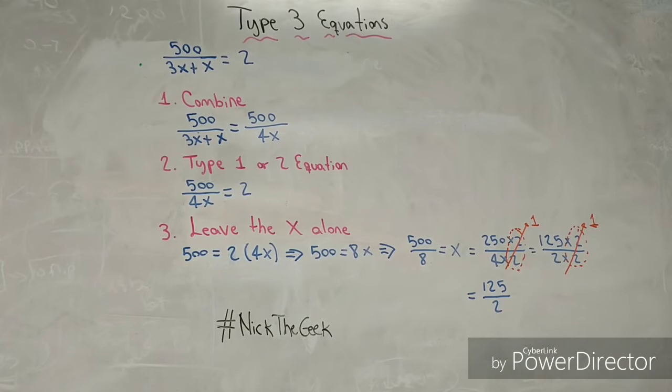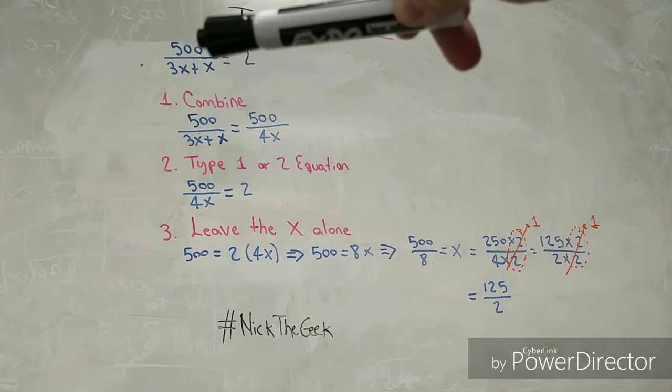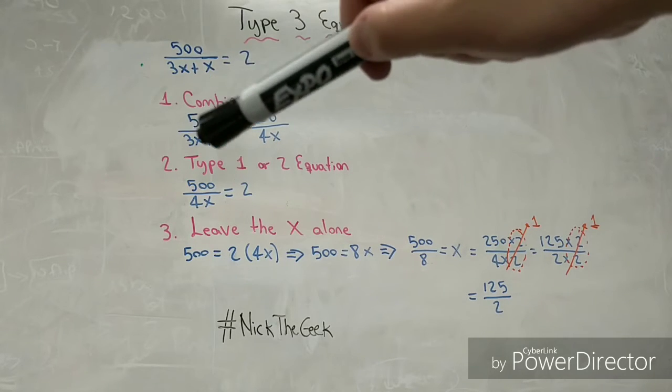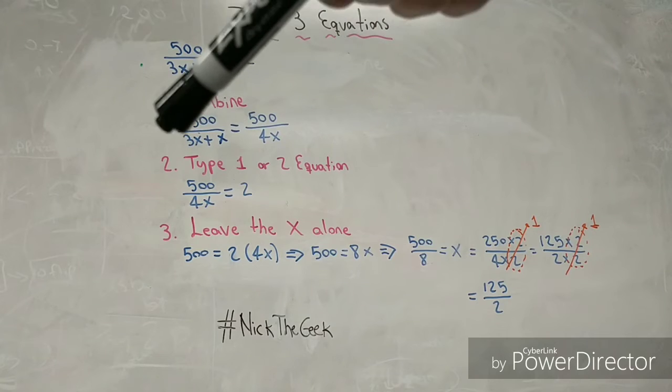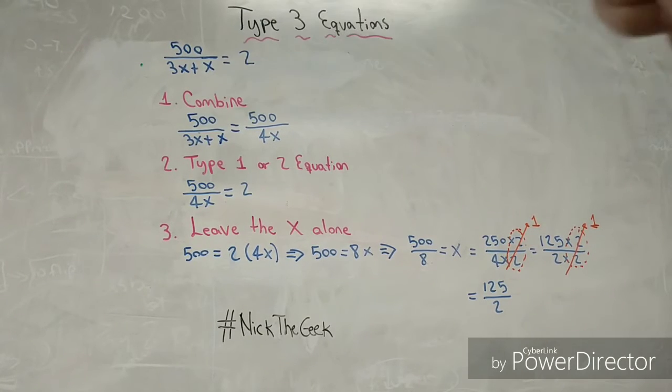Okay guys, and as a last example, we're going to take a look at this tricky equation that we have here. And it's tricky because the variable is below the division. So the first thing we have to do is to combine. What can we combine? The only thing we can combine here is the 3x plus the x.